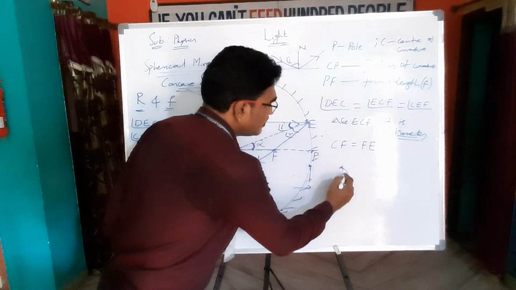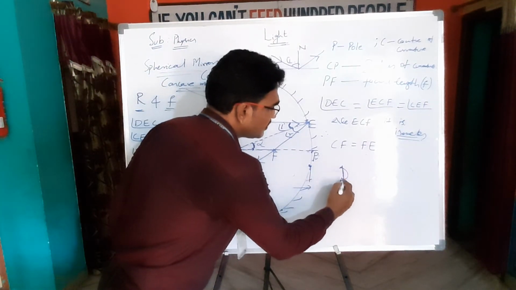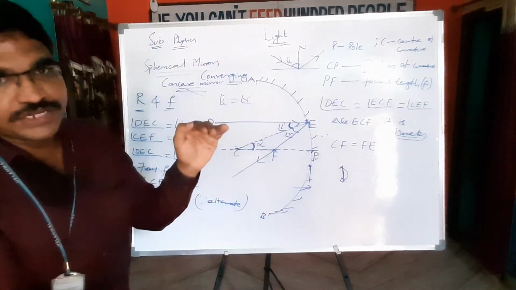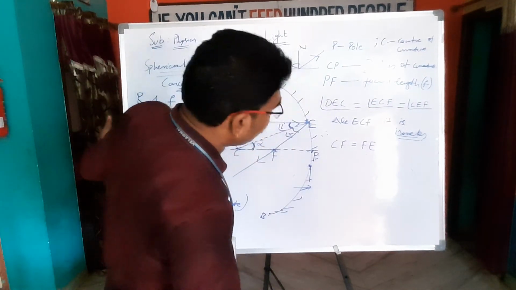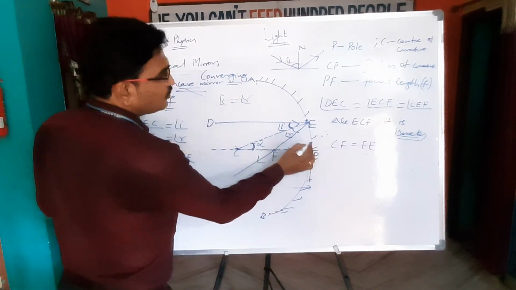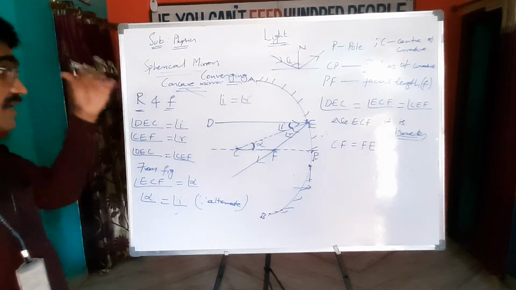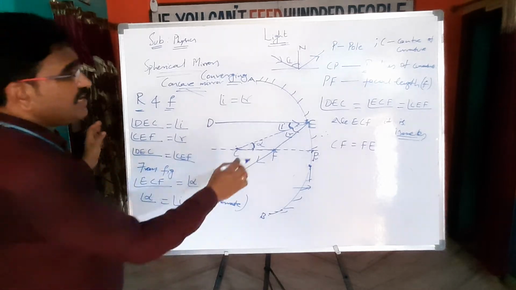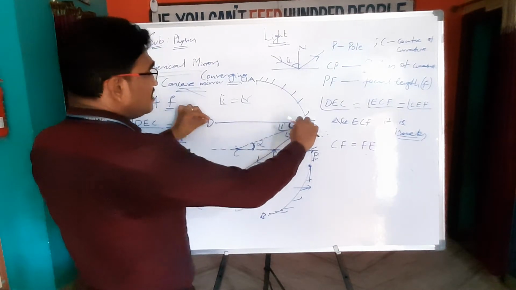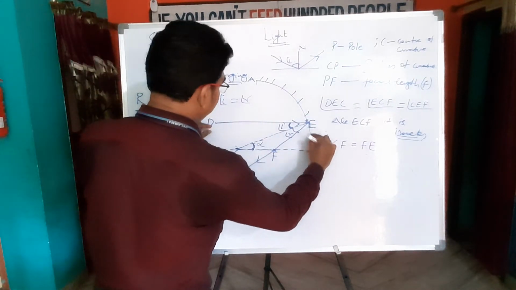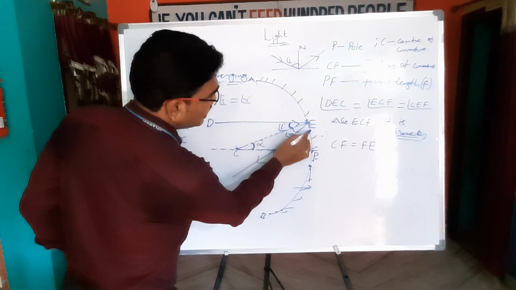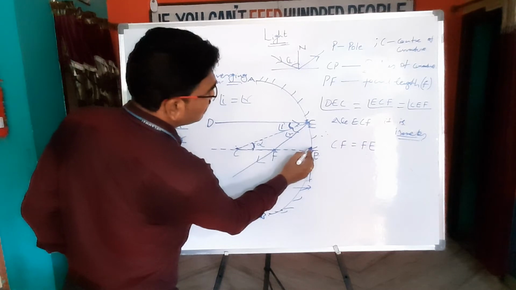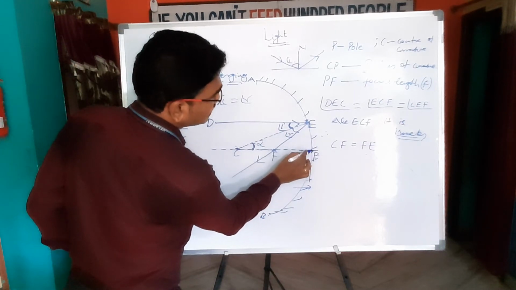If I take this as A and this as B, this is the aperture. If this is becoming very, very small, then what happens? E will be near to P. If E is very near to P, then it will not be curved. Then if E is here, we can say it is straight.